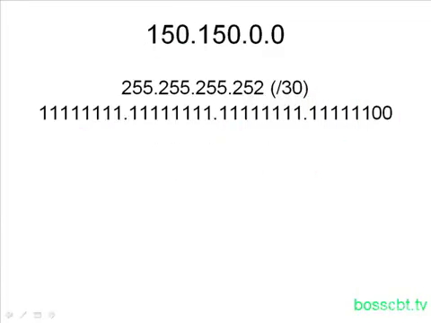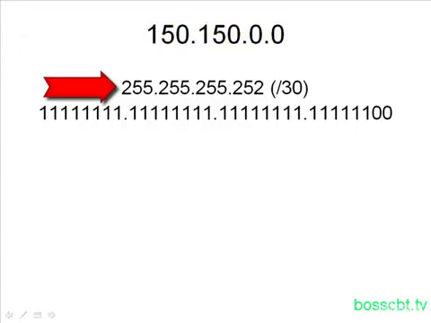Here we're going to look at 150.150.0.0. That is our network number, and the subnet mask we're going to apply to it is here, 255.255.255.252, which is known in prefix notation as a /30 because we're adding up all the 1 bits in the subnet mask, and there are 30 of them.